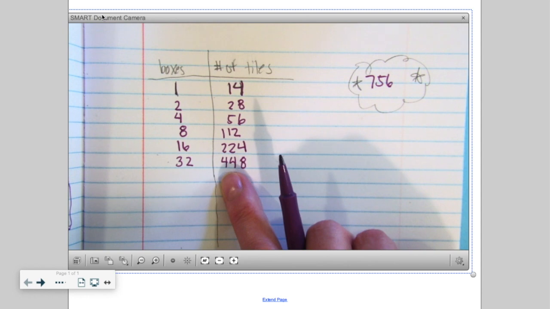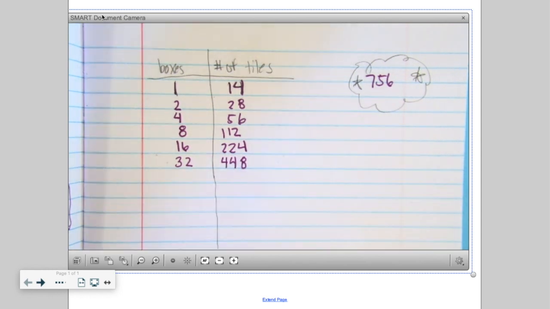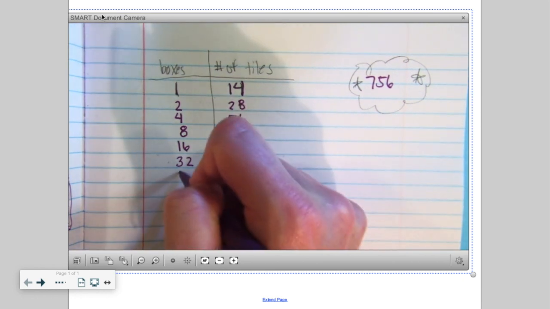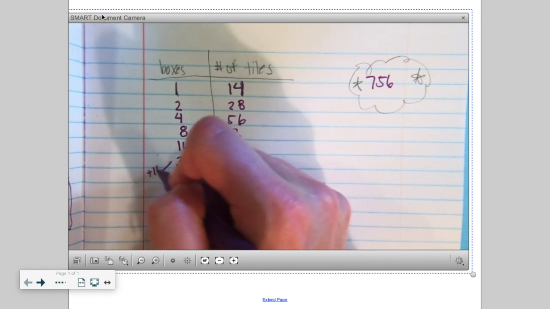So let me try to add. Let's go from 32 to 48. If I have 48, that means I'm adding in 16. So I added 16 here.